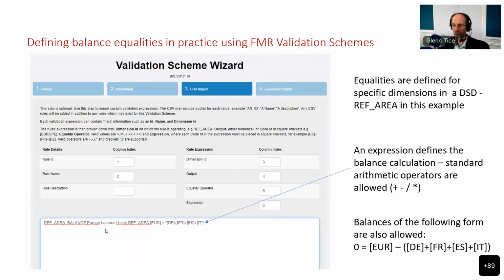Well, there's another way to do that, and you can define the expressions as code, using this syntax that we can see illustrated here, where you can keep the expressions in a CSV or in Excel, and simply import those into Fusion Metadata Registry using this CSV import function. This is helpful if you've got a lot of these expressions, and it's more helpful to maintain those externally, perhaps as an Excel spreadsheet or in a CSV file.